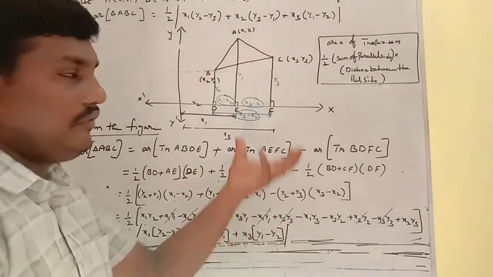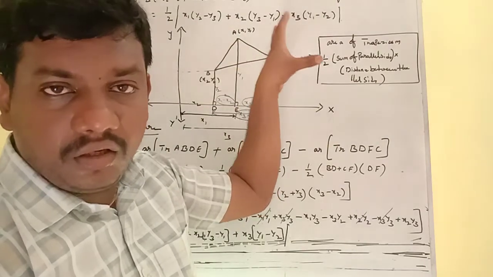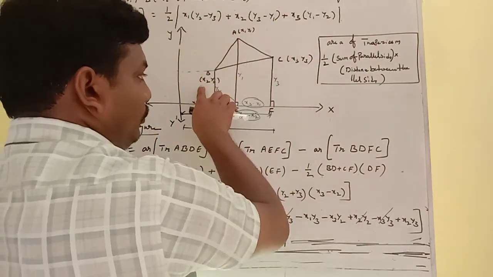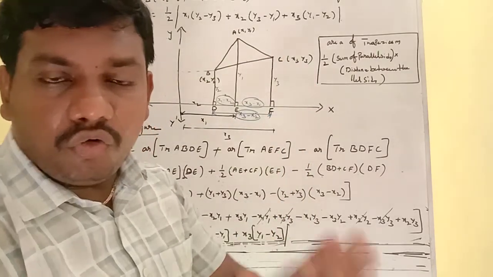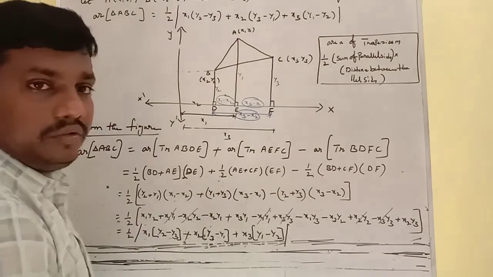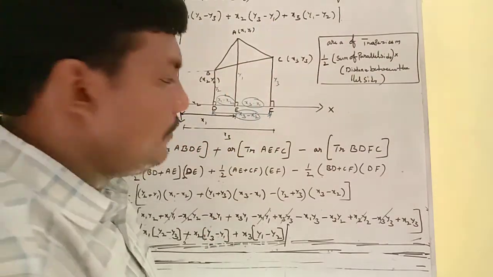So let me first consider the triangle on the Cartesian plane, with A(x1, y1), B(x2, y2) and C(x3, y3) as the vertices of the triangle. Now we are going to draw the projection of each and every point on the x-axis.